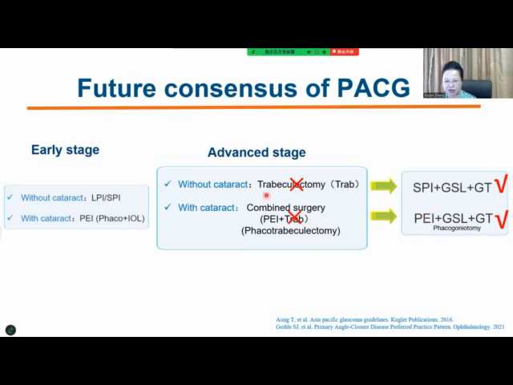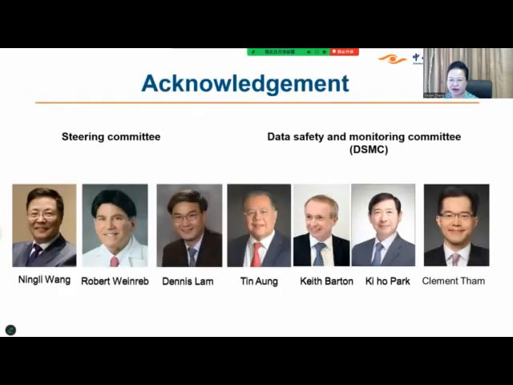SPI+GSL+GT can replace trabeculectomy. PEI+GSL+GT can replace PEI+trabeculectomy, that is, phacotrabeculectomy. And we hope one day in the future they can be adopted into consensus or guidelines.